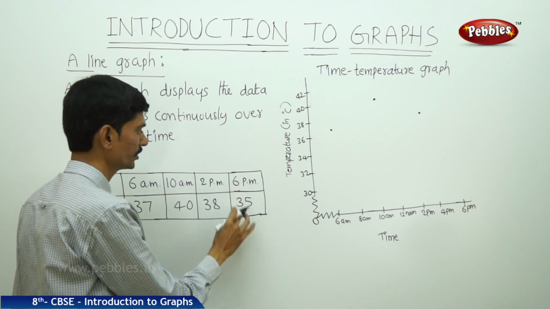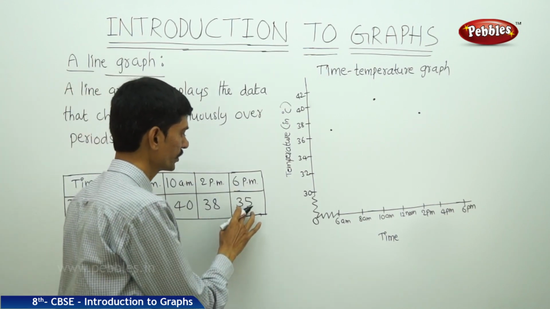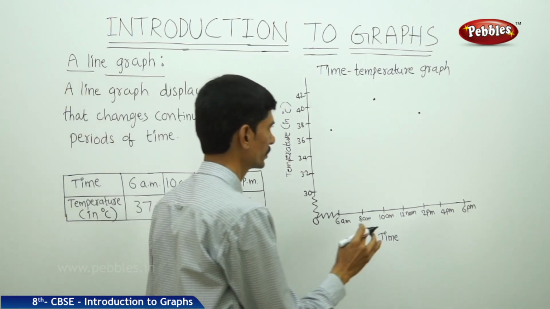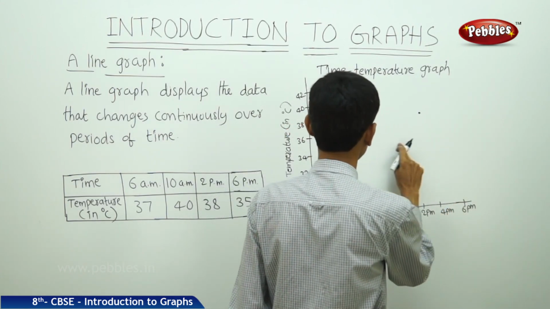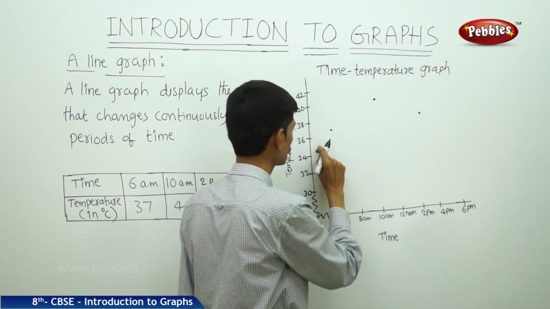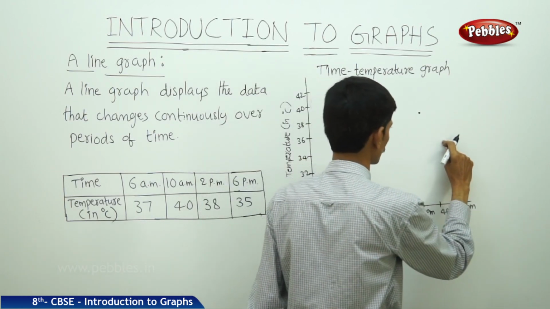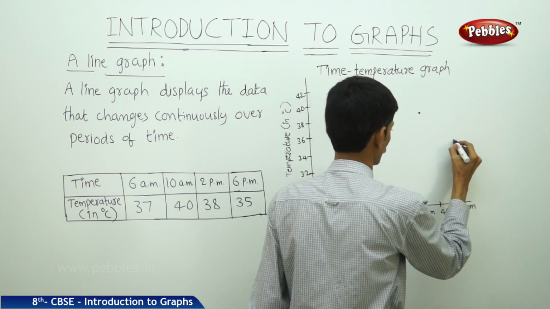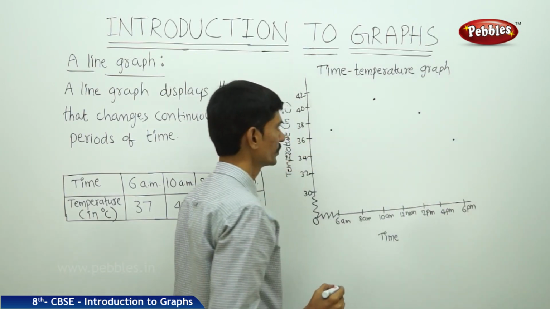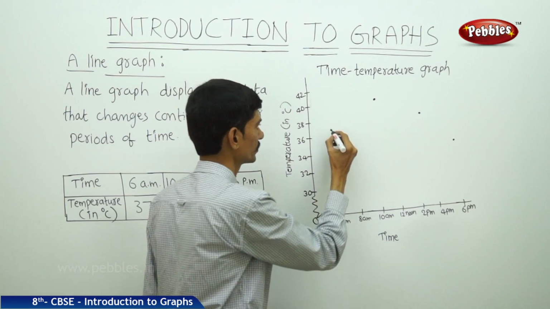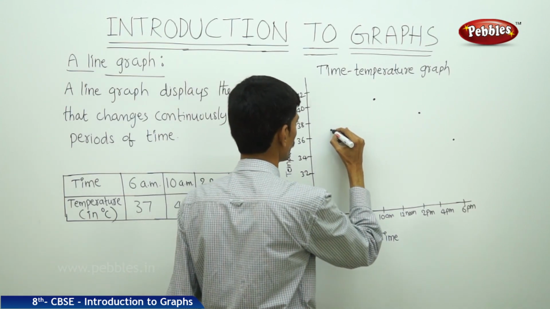Next, at 6 pm 35 degrees centigrade is the body temperature. So at 6 pm you will show it by 35, between 34 and 36. Now if you join all these points, then we get the line graph.